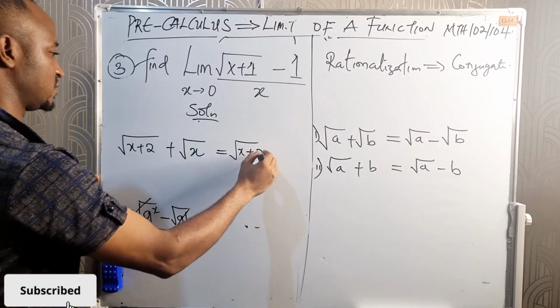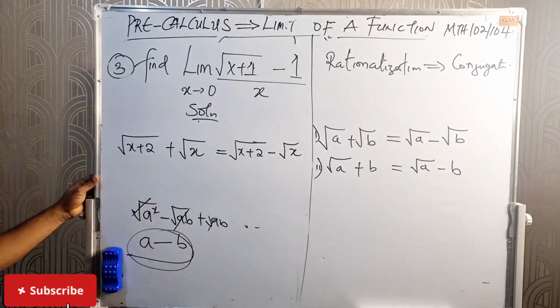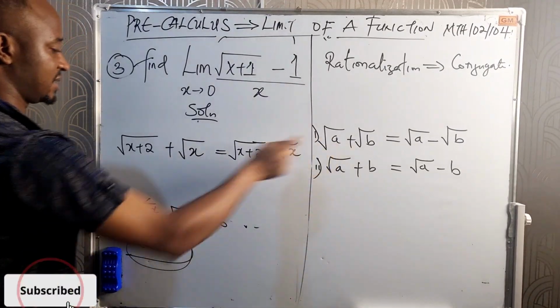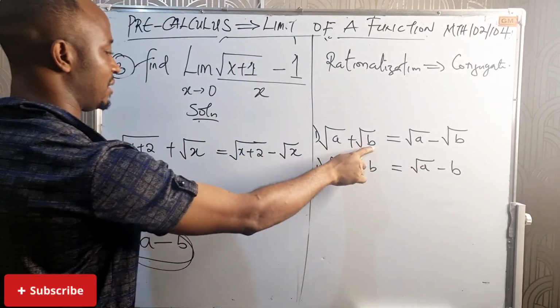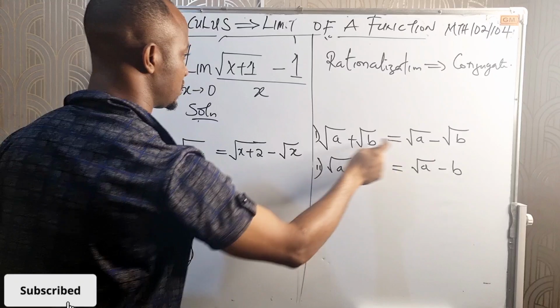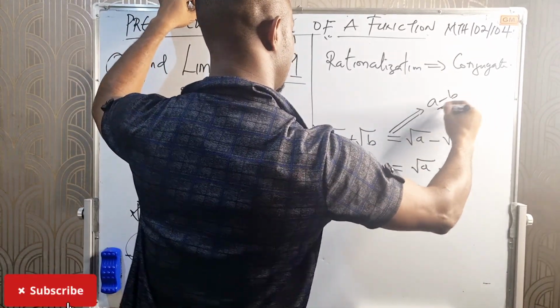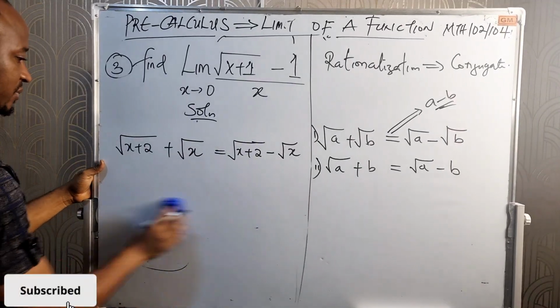Root x plus 2, right? Minus what? Root x. Is that not? This is a case. Our A is what? x plus 2. Our B is what? x. Conjugate of these two, we agree that the answer is what? A minus B, right? That's the answer from here. A minus B. So let's see what will happen here.